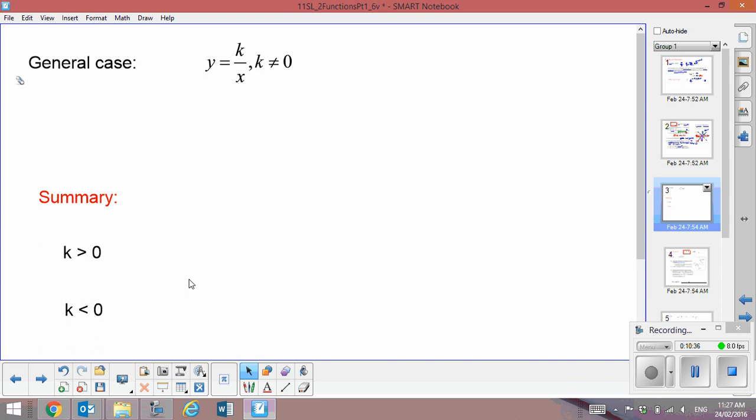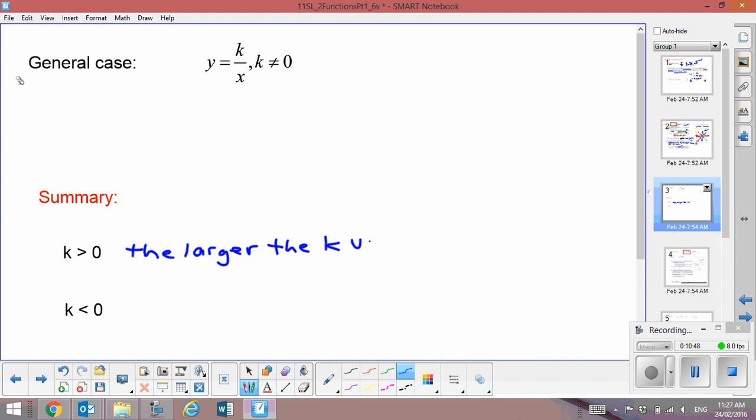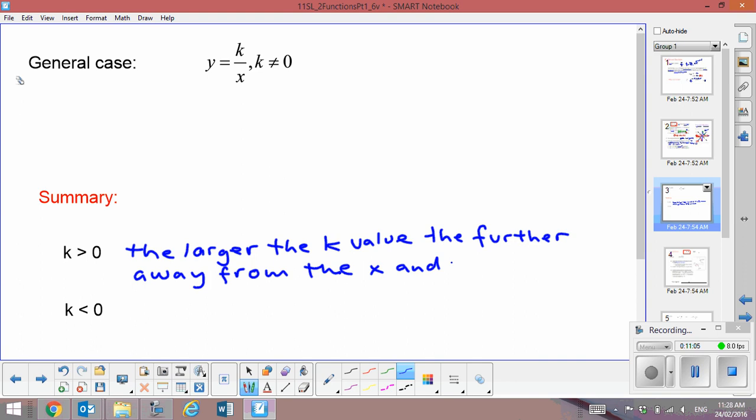So when k is greater than 0, see if you could pause it and fill it in yourself and then check your answer. So the larger the k value, the further away from the x and y axes.